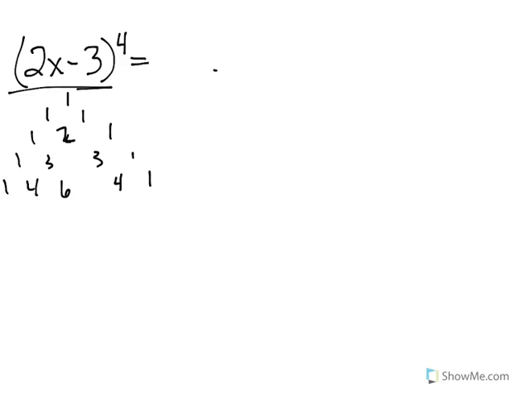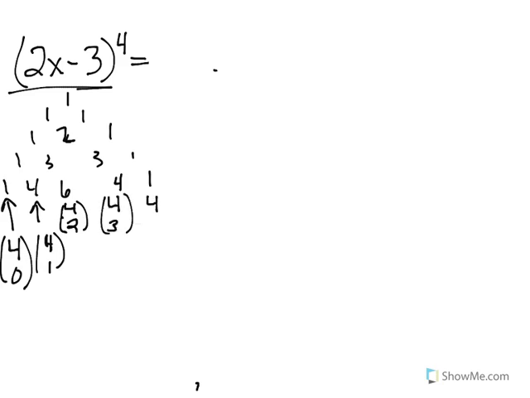Or you can use combinations. So the first term starts with the 1, but that position is for combination 0. And this here is for combination 1. Here we have 4 combination 2, 4 combination 3, and 4 combination 4.